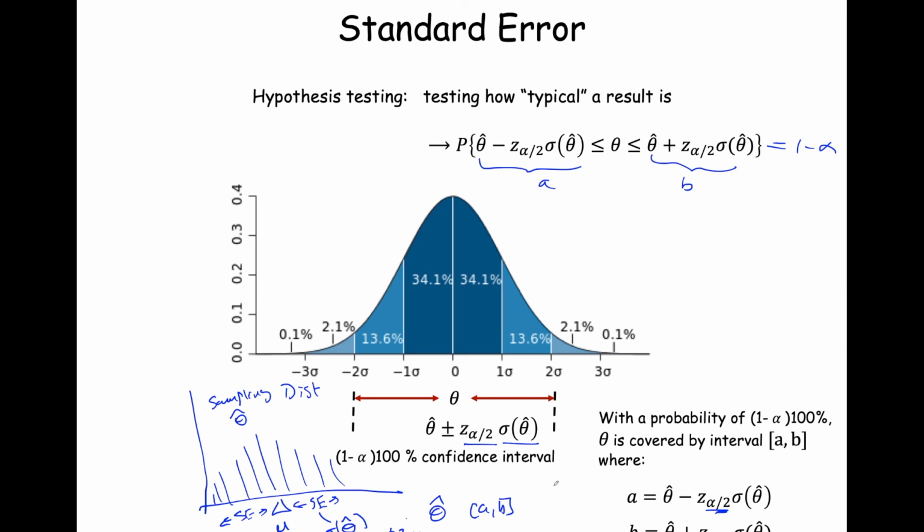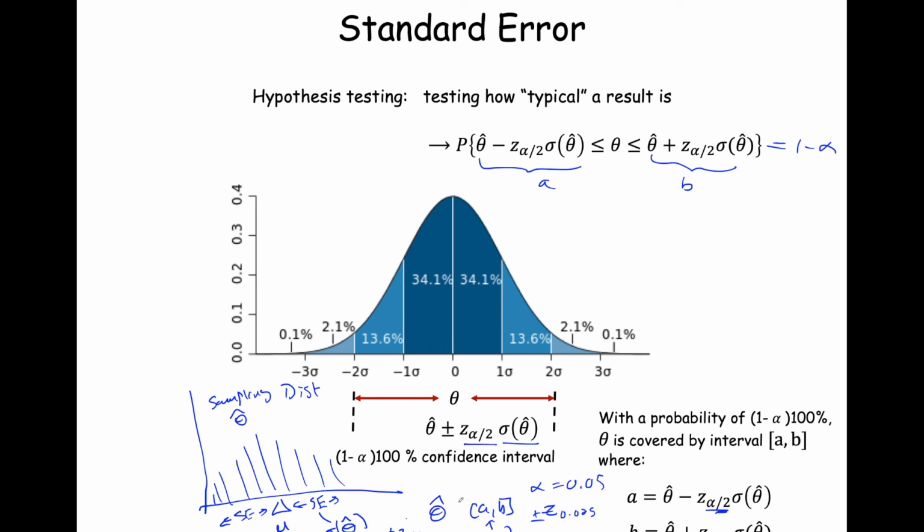And if alpha is equal to 0.05, that means we're going to look up the z-score, plus or minus, for 0.025. There are standard tables that you can look up for confidence intervals. This will give us what the AB is, and you're guaranteed that regardless of what your unknown theta is, 95% of the time it will be covered.